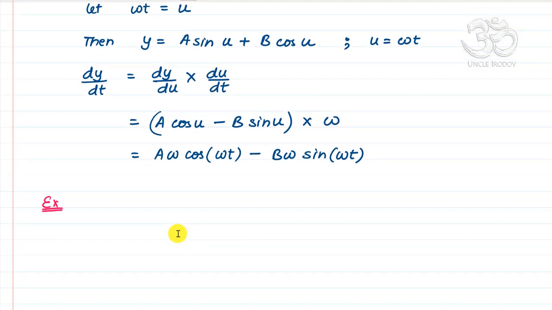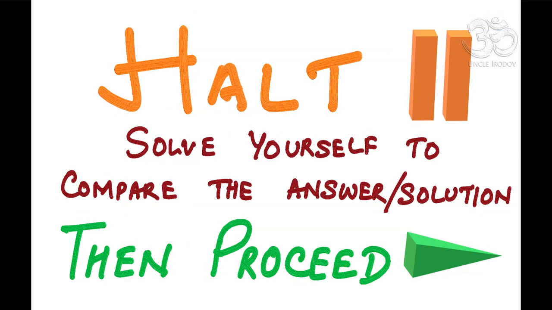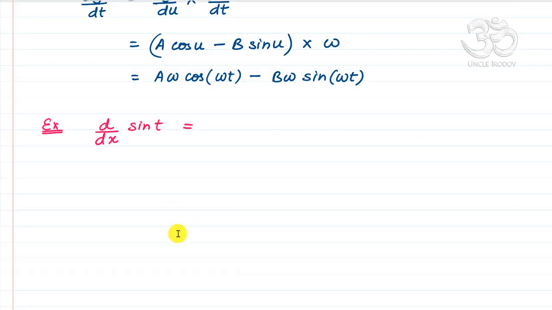Give me an answer to this. What is d by dx of sine t? See, the t which I have inside the sine function, and the x which is outside, they are not the same.